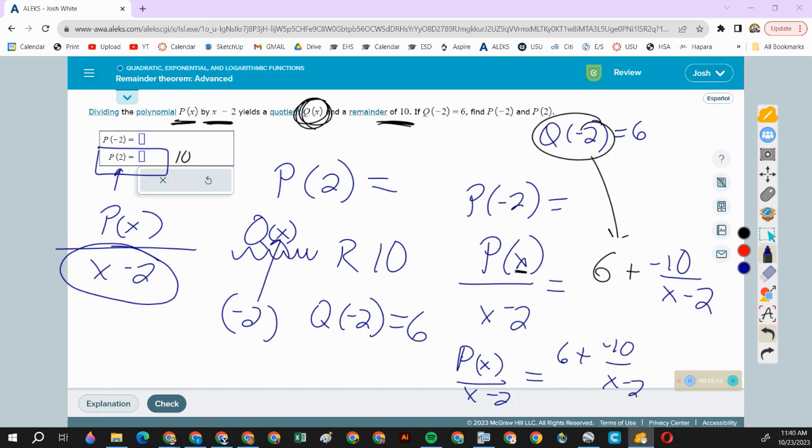Well, I want to know what is p of 2. So if I put a 2 in there, then that would put a 2 here and a 2 here, and then I could just solve and figure out what it is. Oh, that's going to break. Why would they do that to us? Oh, -2. I want -2. Sorry.